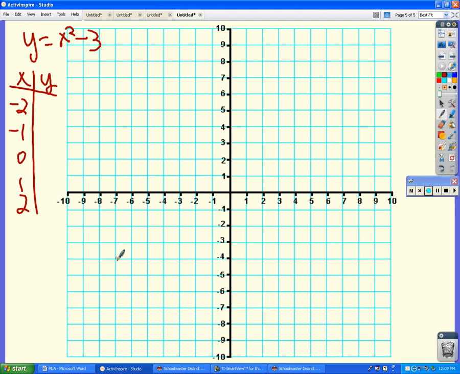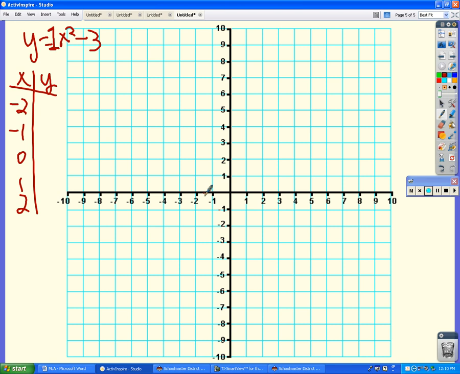So if you looked at this and said because it's negative it's going to open down, then you need to make sure you understand why that's wrong. That A is the number in front of the x squared, not the number on the end. What's the number in front of the x squared? 1. It's 1x squared. And since that's positive, it's going to open up. And it's going to be about a regular width.